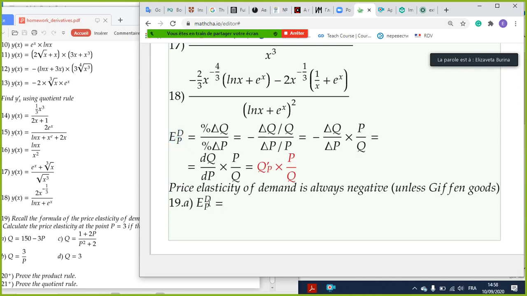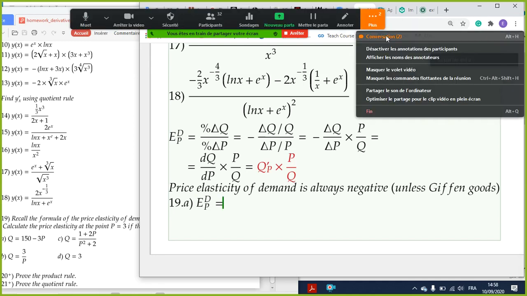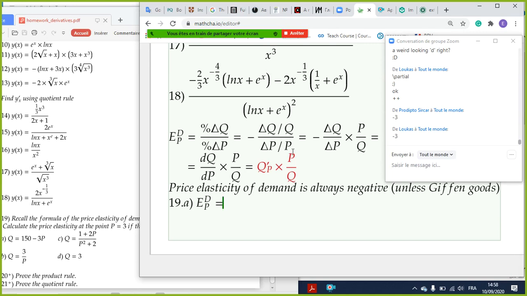So this thing equals the derivative. What is the derivative of this function with respect to p? Tell me. Minus 3. Yes, it is minus 3. Okay.